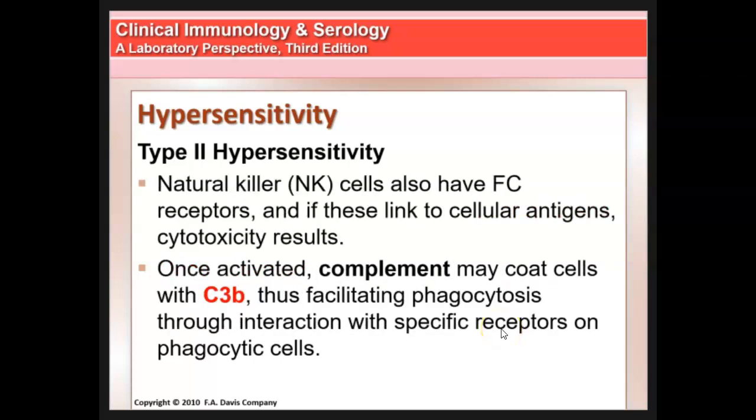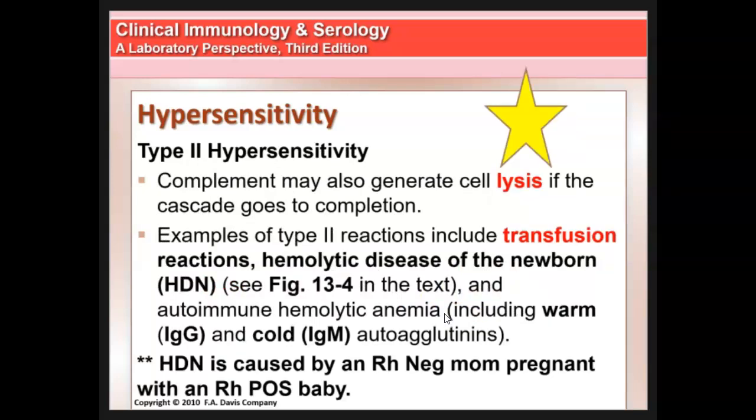Natural killer cells also have Fc receptors, and if these link to cellular antigens, cytotoxicity results. Once activated, complement may coat cells with C3b, and we go into our complement cascade, which facilitates phagocytosis. In type 2, complement may also generate cell lysis if the cascade goes to completion, and we knew that already.